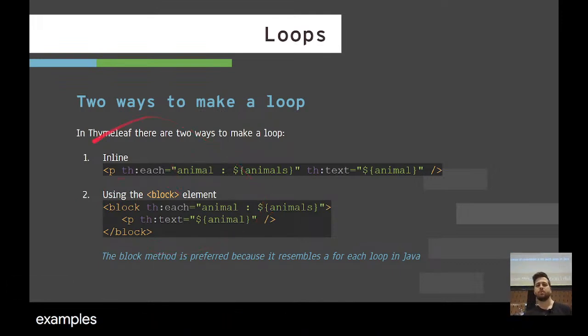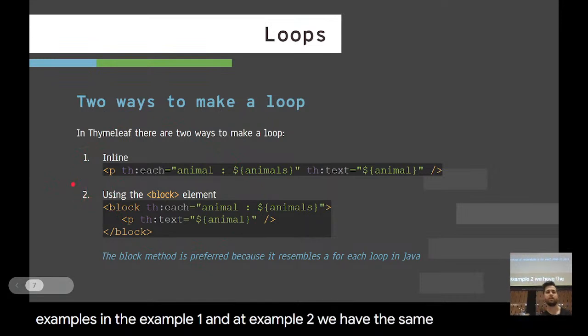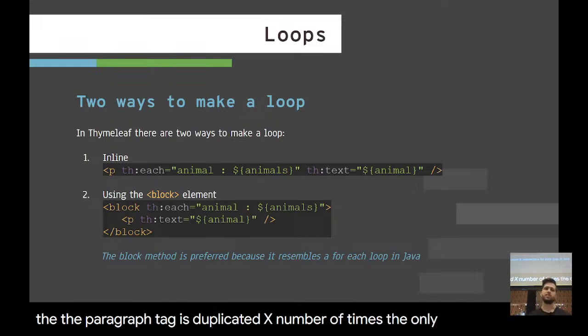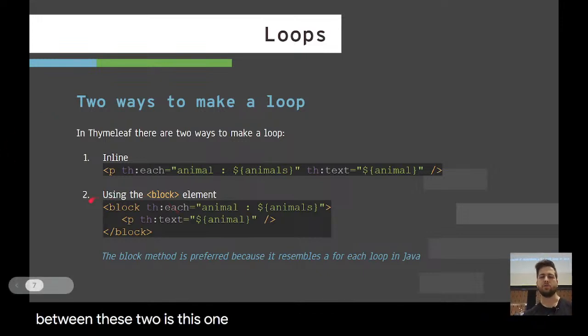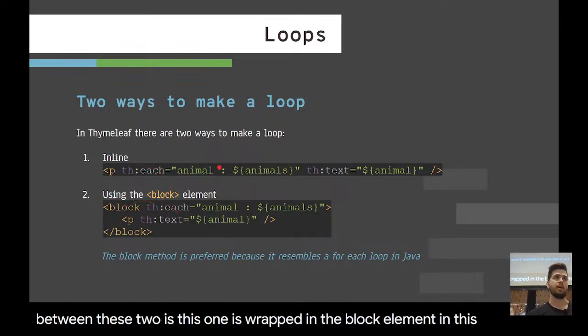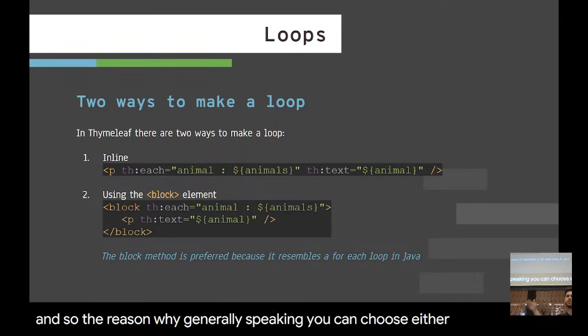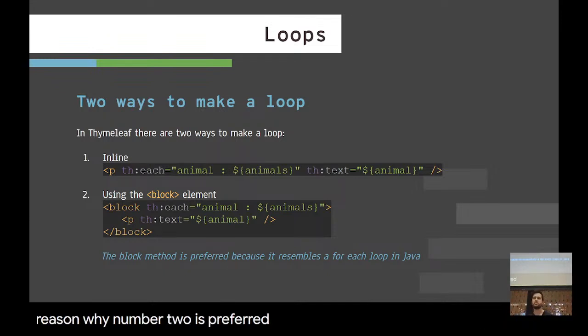So in both examples, in example 1 and in example 2, we have the same outcome. We have the paragraph tag duplicated X number of times. The only difference between these two is this one is wrapped in the block element and this one's not. The general reason why number 2 is preferred is because it's syntactically similar to a for-each loop.